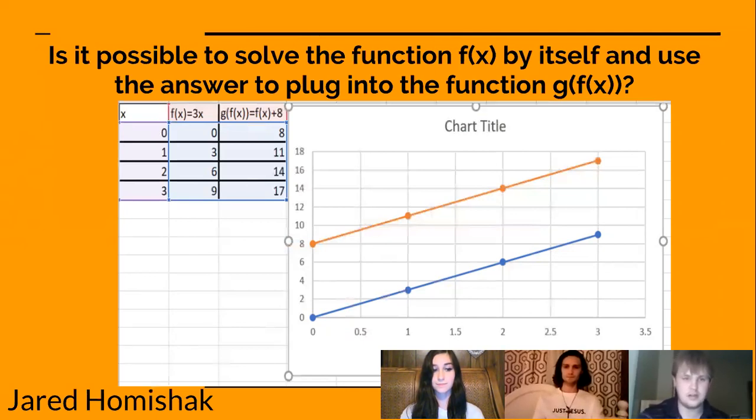It'll be much easier to solve a more complex equation like that on its own, and then plug it into the second equation. But for a simpler problem like this, the method of f of x plus 8 does work, but doing the equations and the formulas on their own as independent steps works better for me personally.